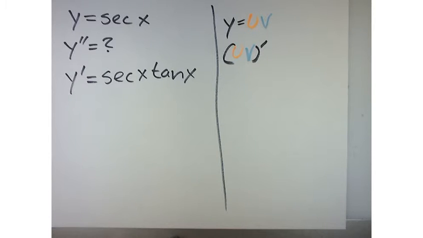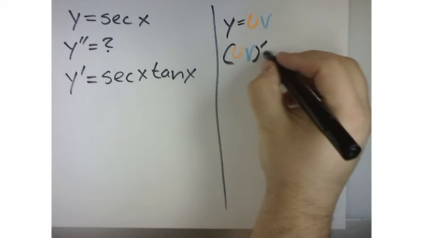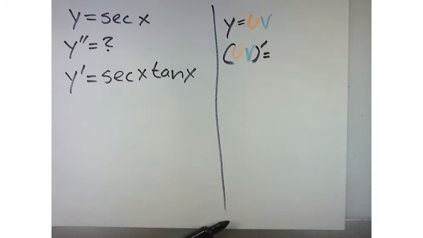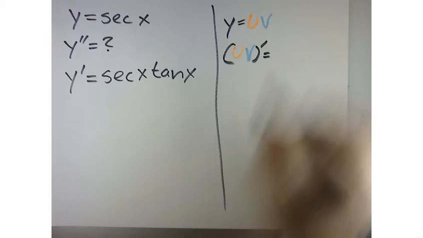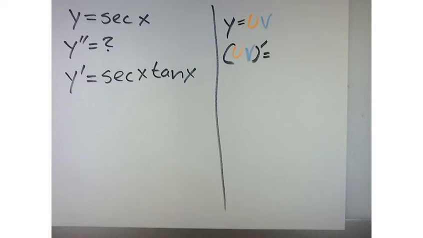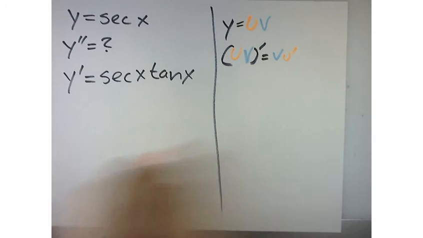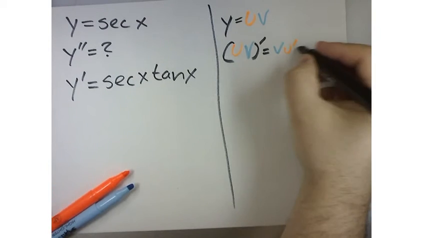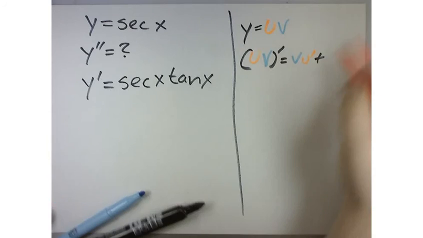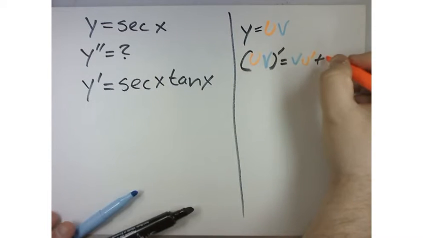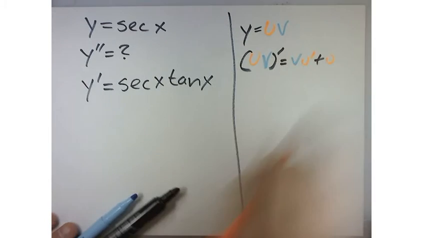Now, does anybody remember what the product rule is off the top of their head? V u prime plus. Yeah, it's a plus. And then it's the opposite of that, right? So it would be u v prime.